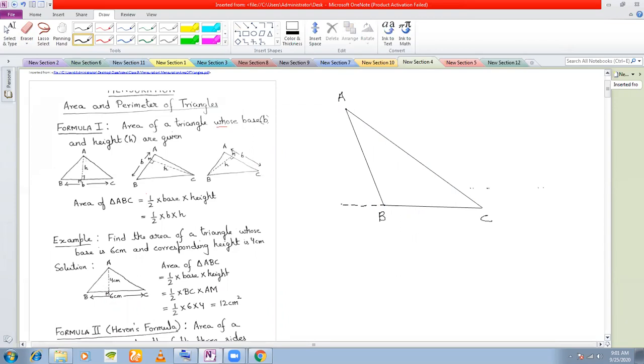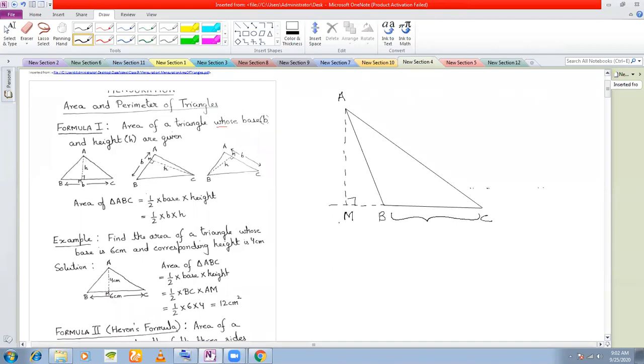I produce this side, and I don't know the height from A. Can you tell me which one should be my base? Can anyone tell me which one should be my base? Sir, BC. Exactly. This length should be my base.